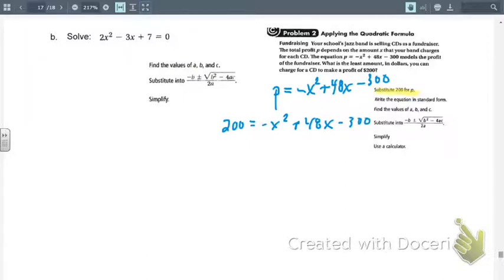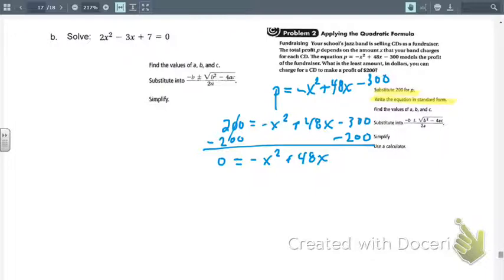Alright, the next step is to write the equation in standard form. So we have to get everything on one side of the equal sign. So that means we're going to have to subtract 200 from both sides. So 200 minus 200, that's going to give me 0. And then I have negative x squared plus 48x.